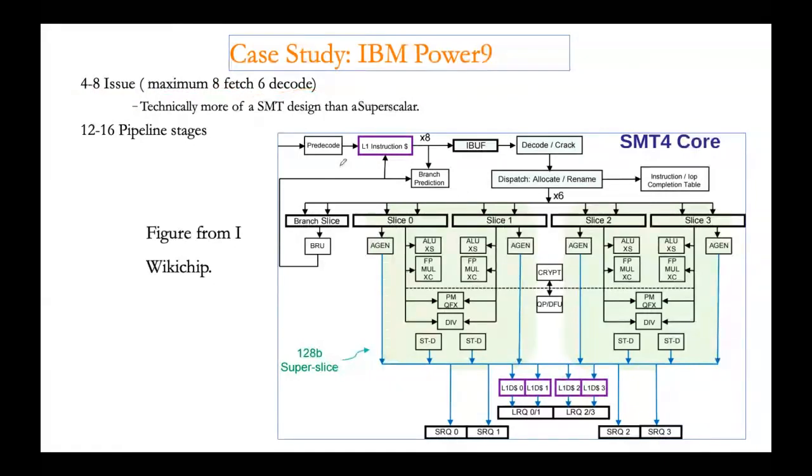The L1 cache that holds the instructions, we call instruction memory. From that instruction memory, a maximum of 8 instructions can be issued into the pipeline.